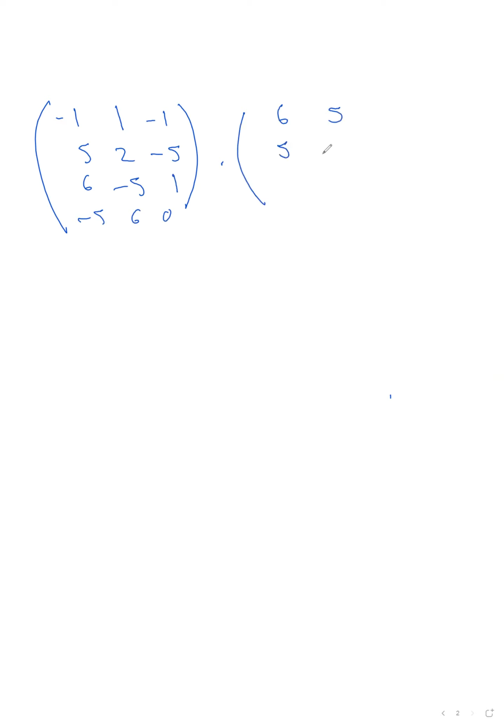مسألة كمان يقول لنا: negative 1 1 and negative 1، بعدين 5 2 negative 5 6 negative 5 and 1 negative 5 6 and 0 times 6 and 5 5 and negative 6 6 and 0. Okay هنشوف multiplication كده.